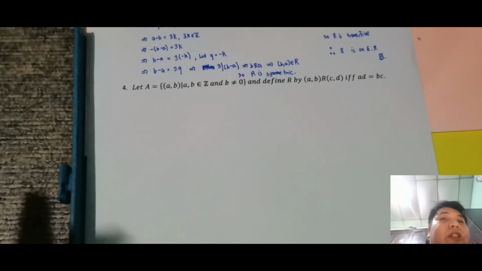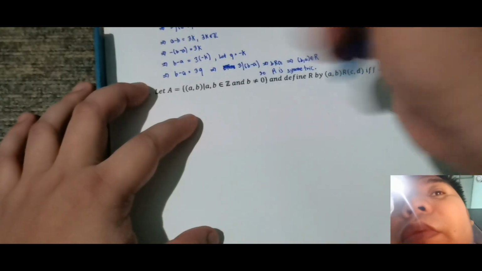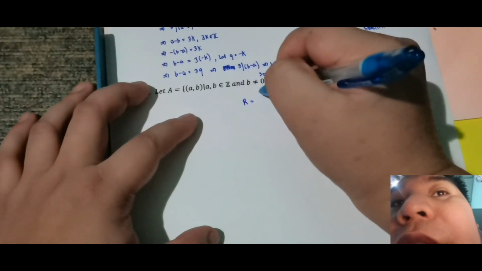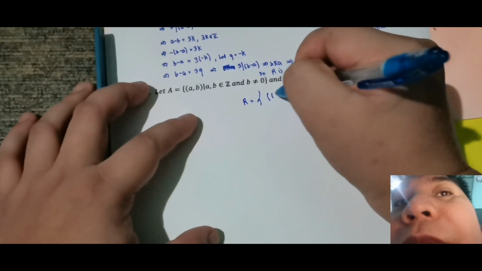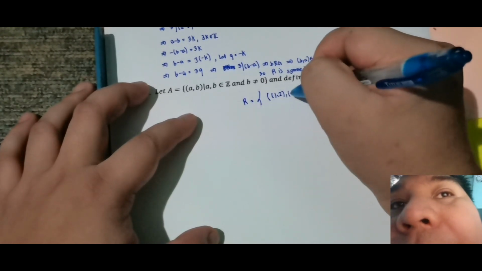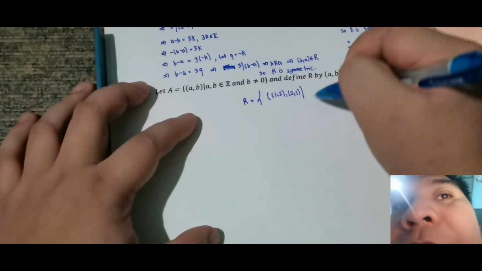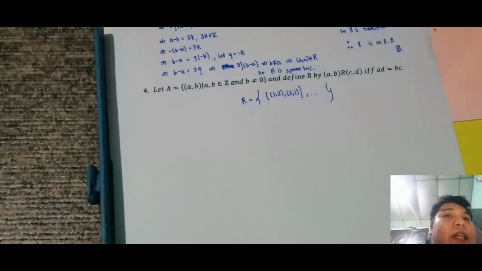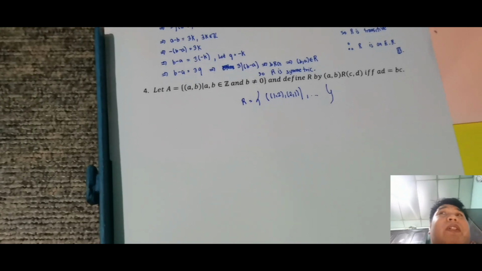So, ang laman ng relation na to, kunyari lang, this is (1, 1), (2, 2), (1, 2), and so forth. Ordered pair of ordered pair. Yun yung laman niya. Okay, so ayokong hanapin equivalence classes niyan.